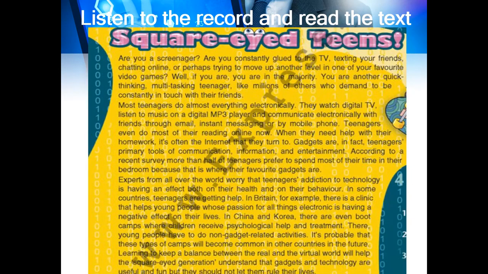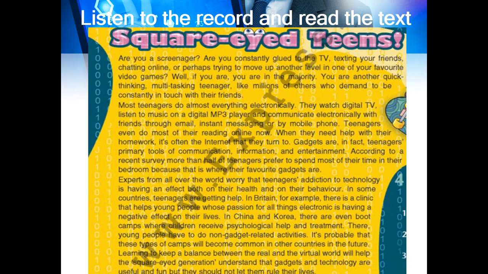Are you a screenager? Are you constantly glued to the TV, texting your friends, chatting online, or perhaps trying to move up another level in one of your favorite video games? Well, if you are in the majority, you are another quick-thinking, multitasking teenager, like millions of others who demand to be constantly in touch with their friends.